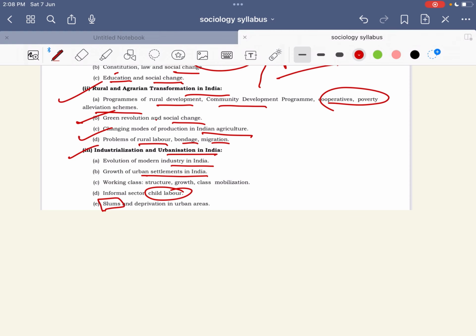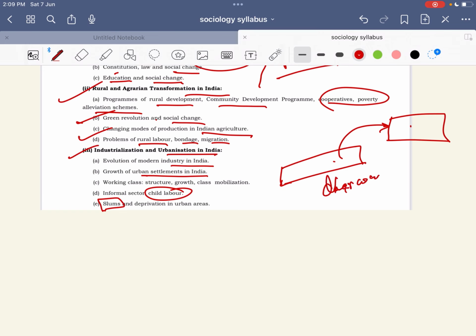Why have they included slums in the syllabus? Slums are a very important problem, because whenever there is development, slums are replaced, and when slums are replaced, these people are forced to migrate to other parts and settle there. So this is a challenge to development. It is not easy to evacuate these people. Take the Dharavi slum.